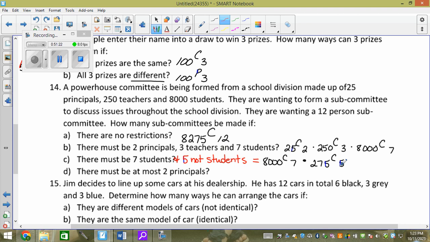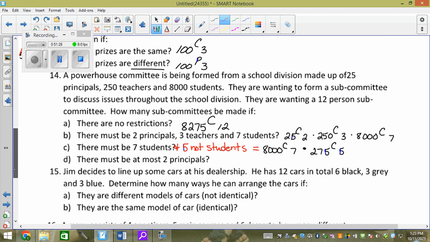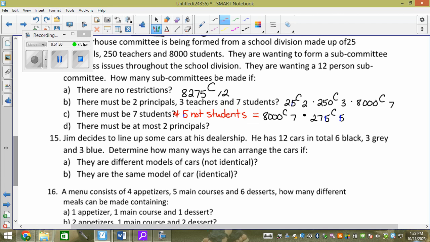Now this one says there must be at most 2 principals. So that's 2 principals, 1 principal, or no principals. Correct? So we have 2 principals and 10 other, or 1 principal and 11 other, or 0 principals and 12 other.